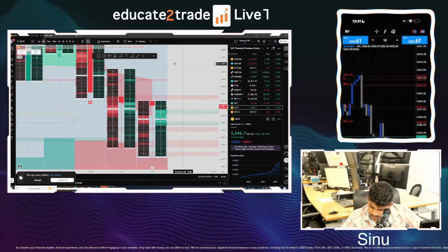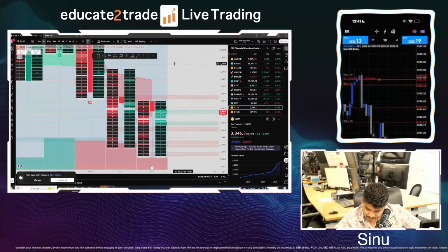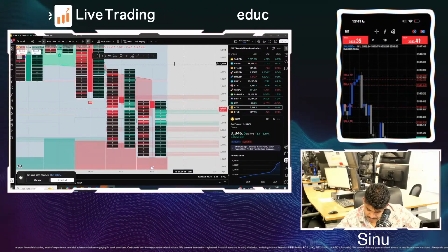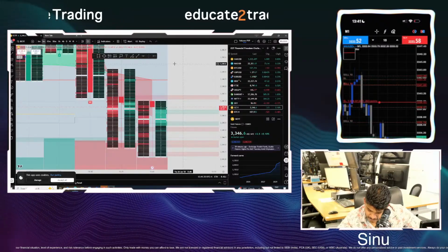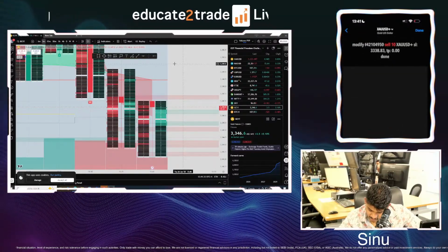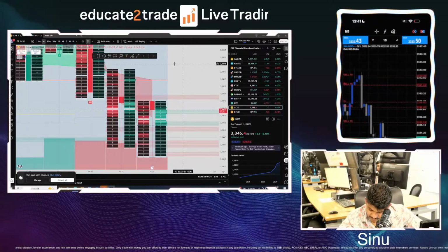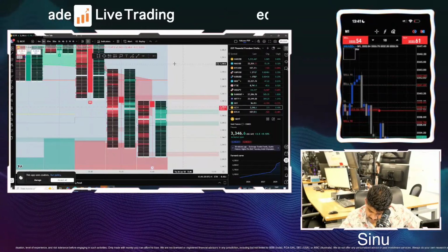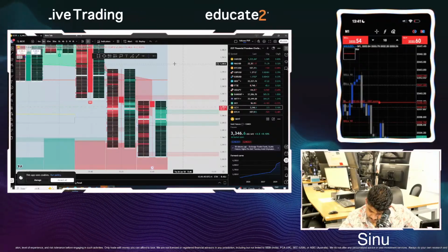So what I'm going to do is trail my SLs to this high. So a small profit or a big win, that's what I'm trying to do. Let me put in a stop loss.